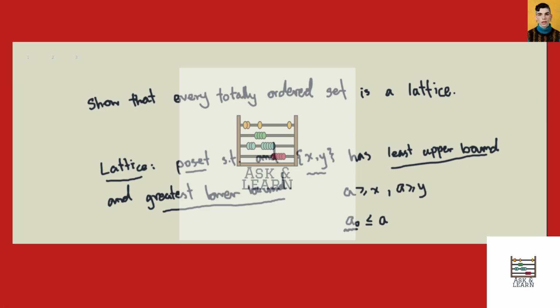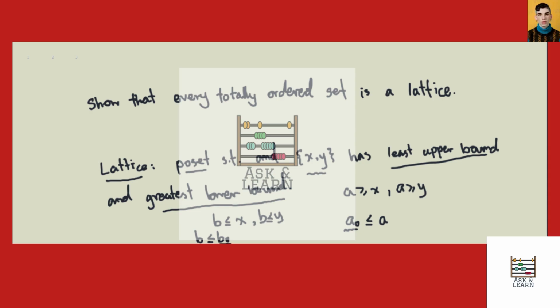Similarly, a lower bound is an element that is less than everything in the set, and the greatest lower bound is the largest such element. There can only be one.